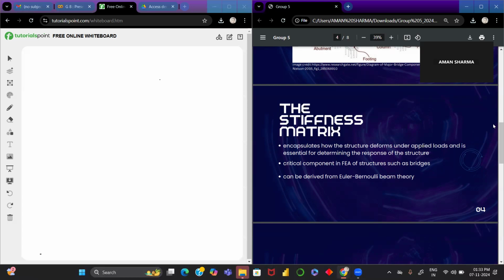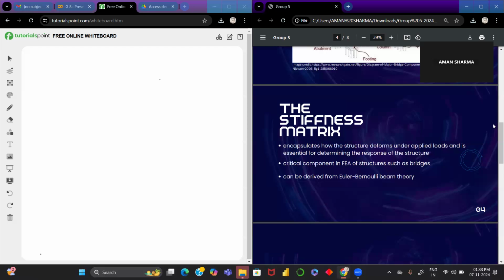In order to understand what a stiffness matrix is, we have to understand what nodes are. Nodes are key locations or points in a structure which are used to define the whole structure and used for calculations.